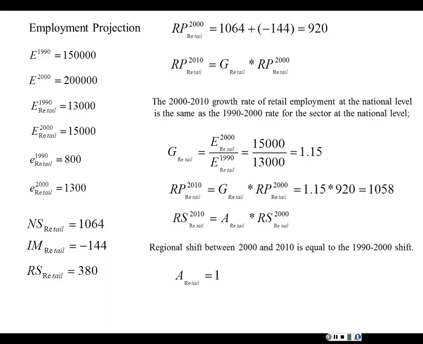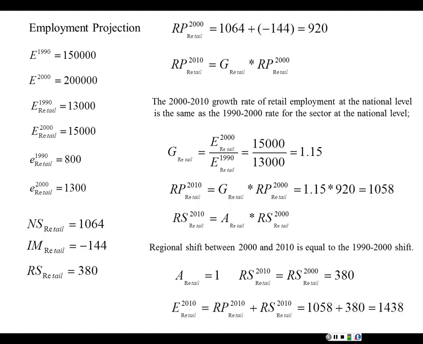That means the A ratio is 1. That means the 2010 shift will be exactly the 2000 shift. That's 380. And now you have the 2010 regional proportion and regional shift. If you add up those two numbers, that will be the 2010 retail employment for your local region.